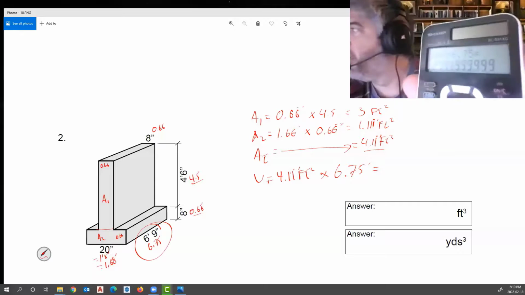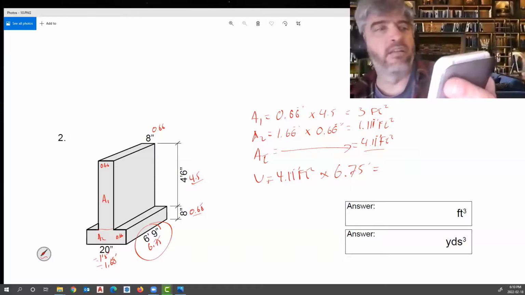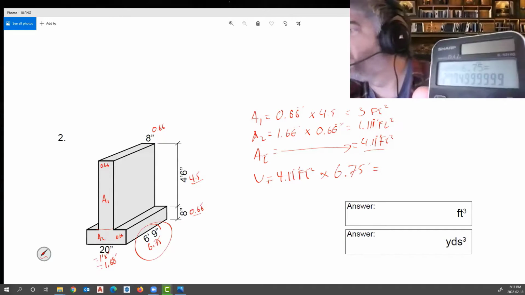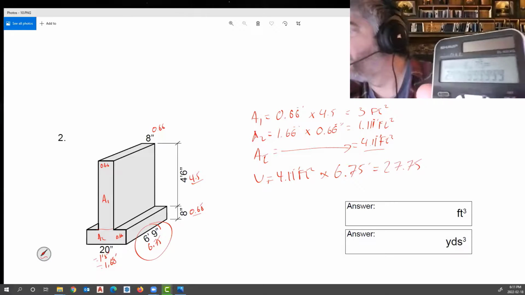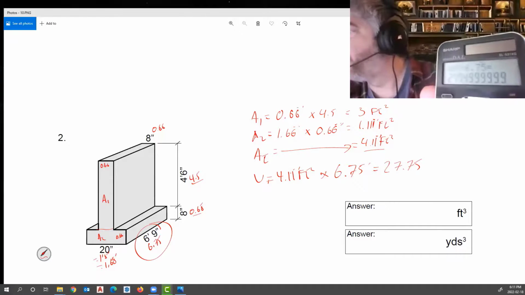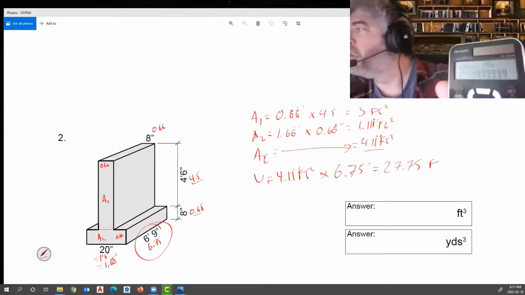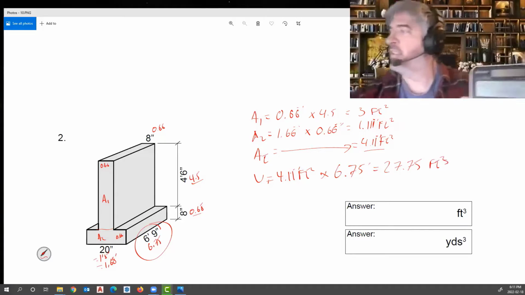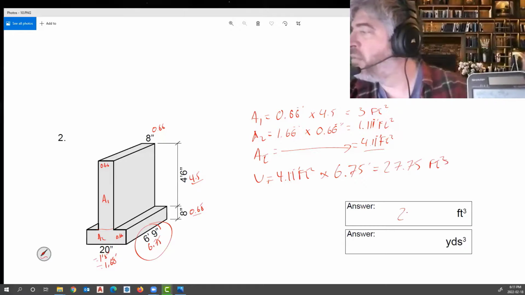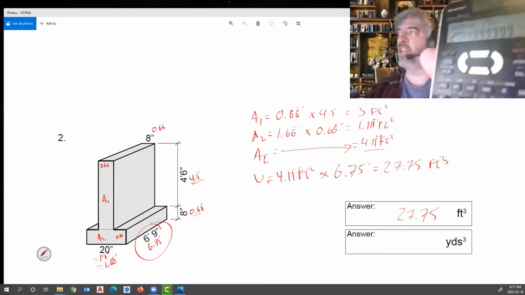And I get 27.75, and that is cubic feet. Oops, cubic feet. So I get 27.75. That's how many cubic feet it is.